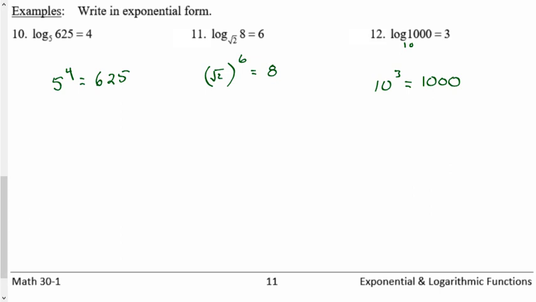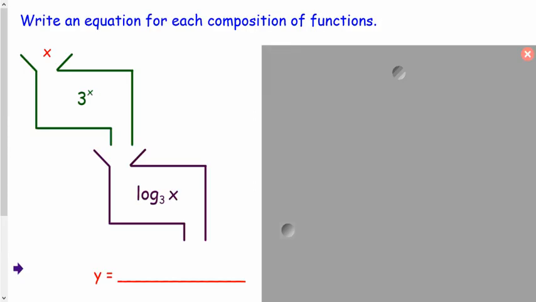Well, before we go on to more examples like this, let's think a little bit more about function machines and the relationship between an exponential and logarithmic function. So I'd like you to pause the video in a moment and then write down here what is the composition of functions that this function machine is picturing for us.